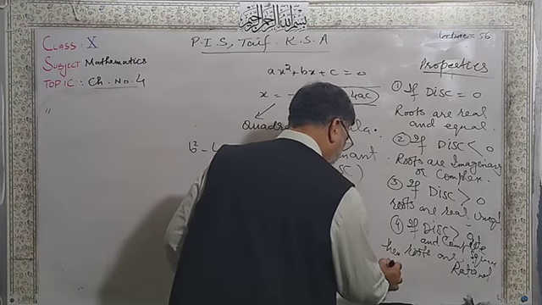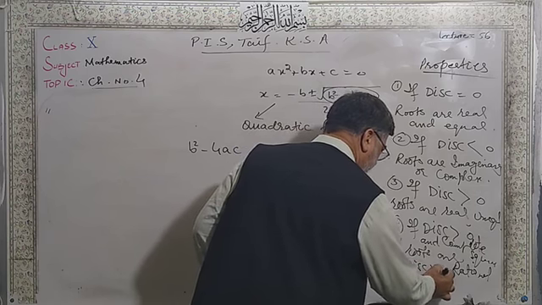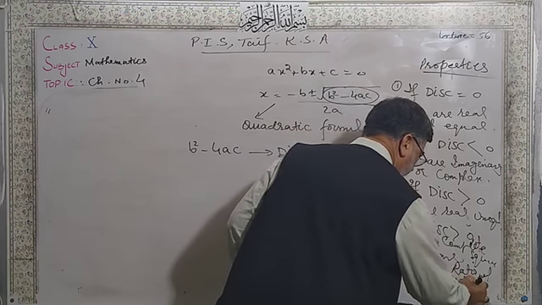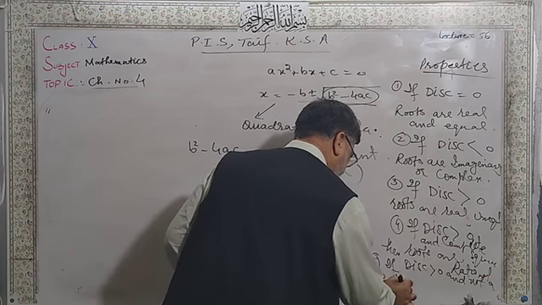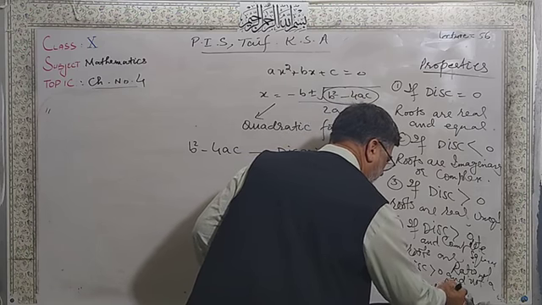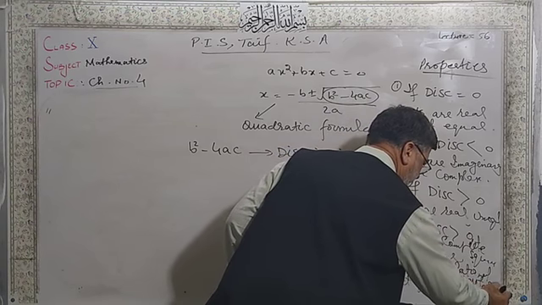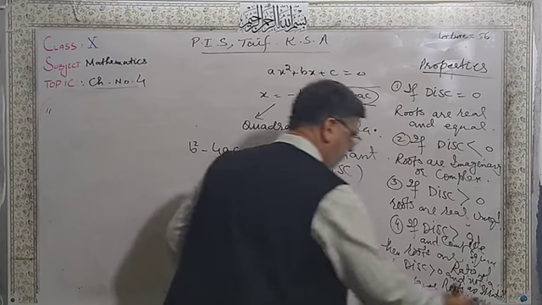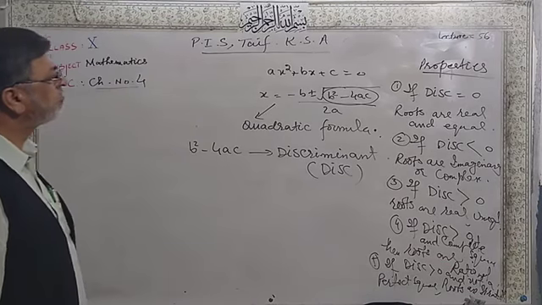Number 5, if disc is greater than 0 and not a perfect square, roots are irrational. Dear students, you can check.